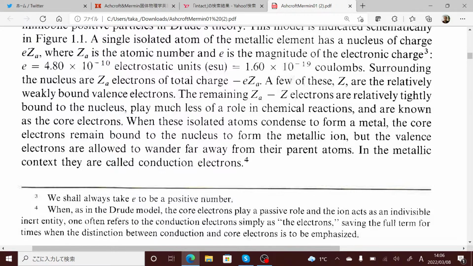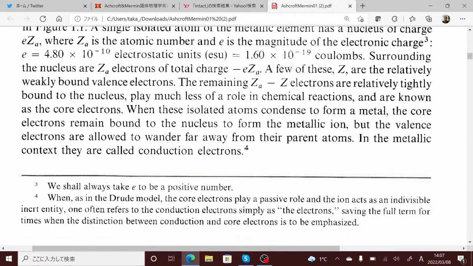The remaining Z_a minus Z electrons are relatively tightly bound to the nucleus, play much less of a role in chemical reaction, and are known as the core electrons.